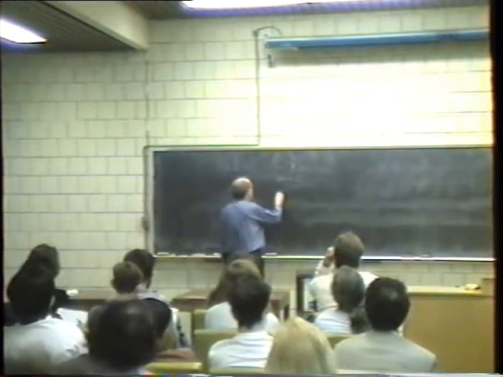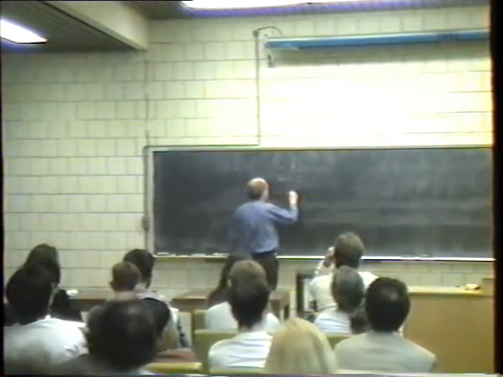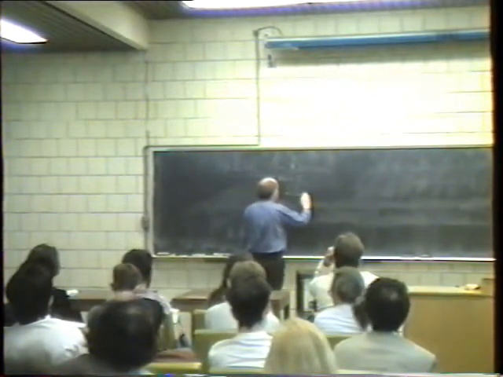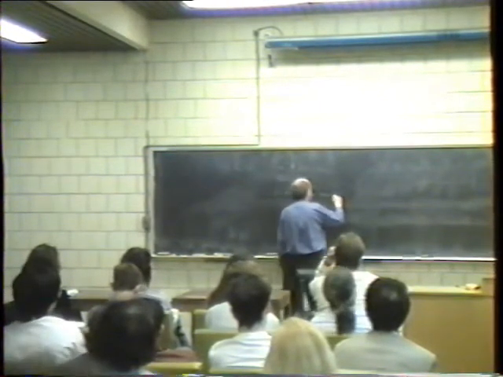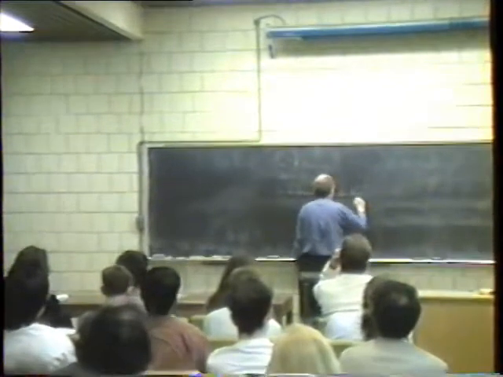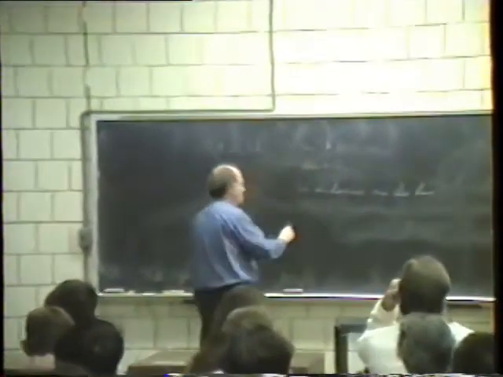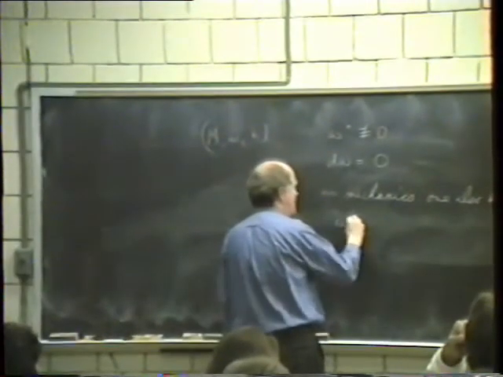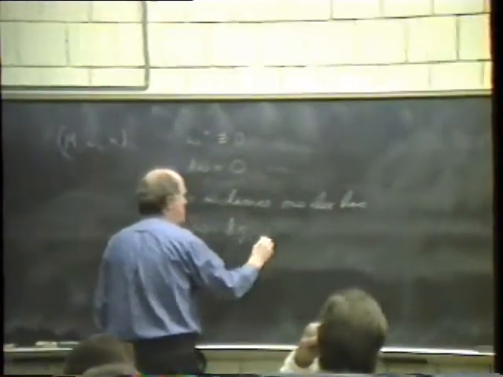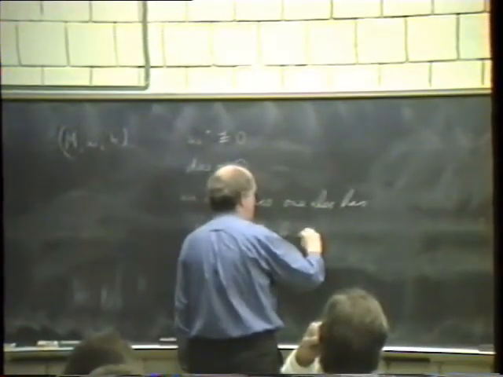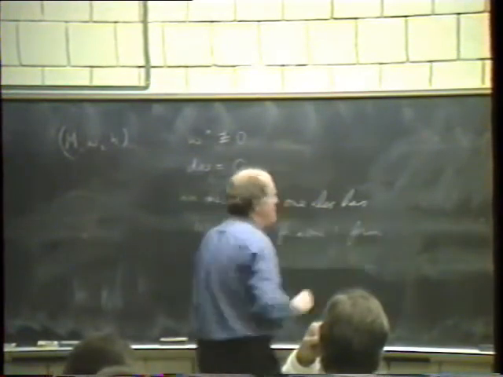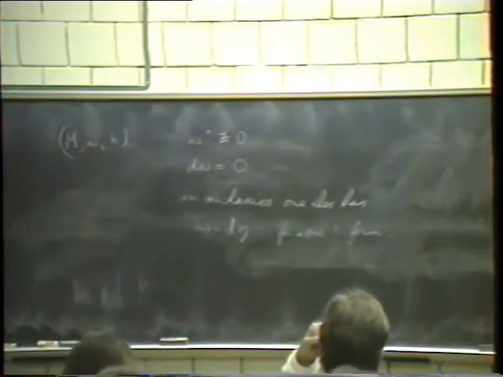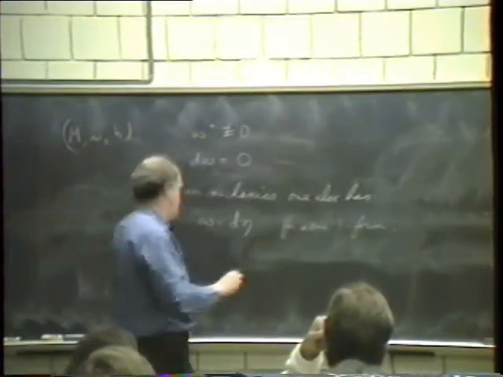Well, in mechanics, one also has that omega is exact. So omega equals d of some one-form. At least that's true in the n-body problem. That seems to be true in every mechanical problem which somebody's ever been interested in.